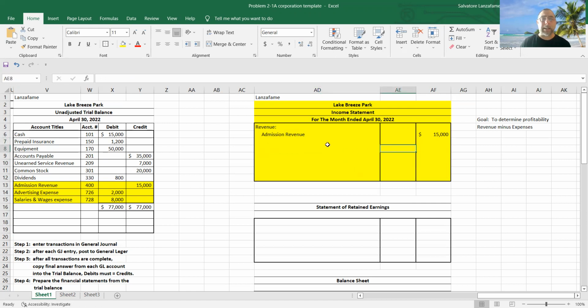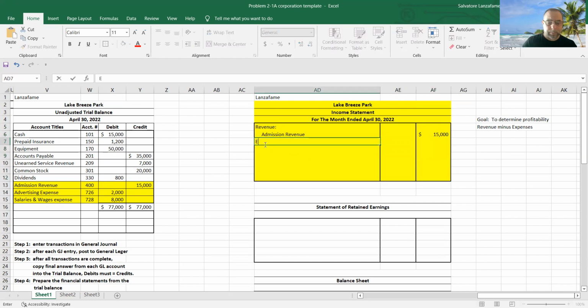Okay, but in this case, I only have one, so I'm going to put that 15,000 in the final column. So think of column 1 in these financial statements as subtotals or itemizing, and only grand totals go in column 2.